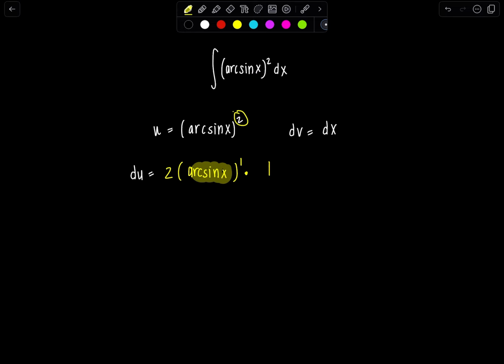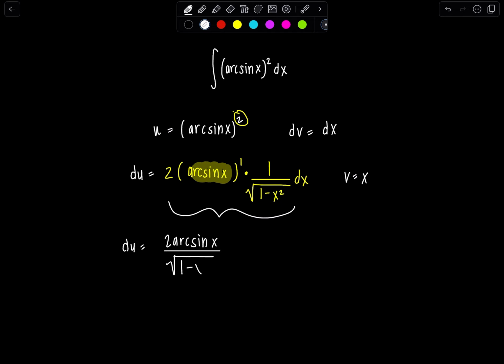Hopefully you remember. It's 1 over square root 1 minus x squared dx. All right. And then if dv is dx, then v is just plain old x. So let's go ahead and clean this up just a little bit. du is 2 arc sine of x over rad 1 minus x squared dx. All right. So now we have everything set up.